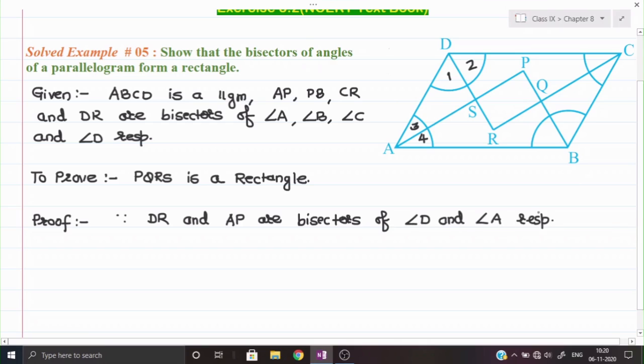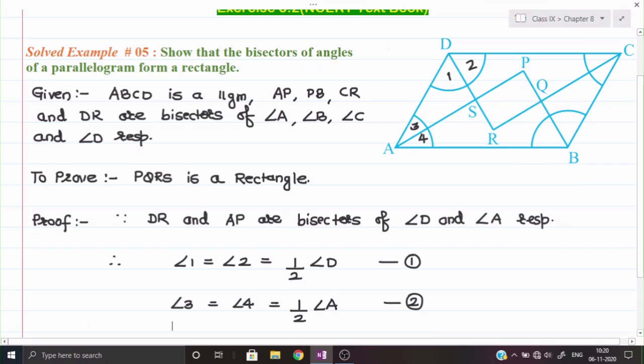So we can say that therefore angle 1 is equal to angle 2 is equal to half of angle D, equation number 1. And same way angle 3 is equal to angle 4 is equal to half of angle A, that is equation number 2.